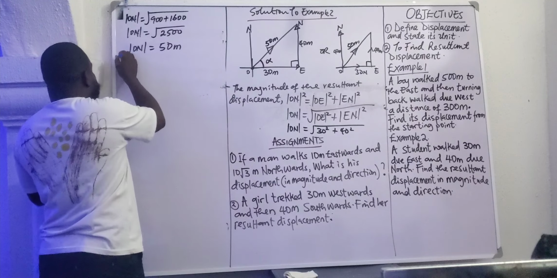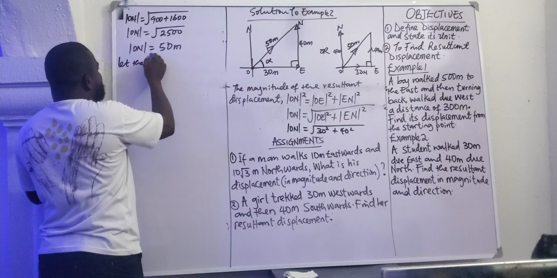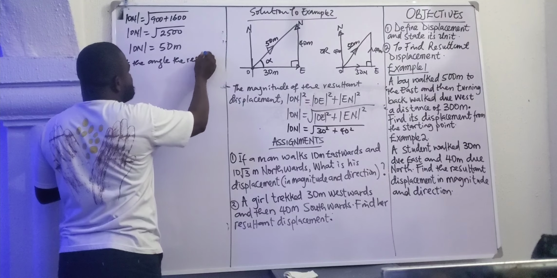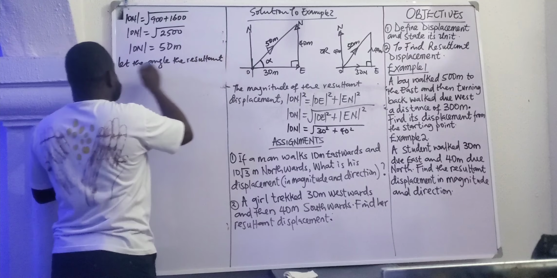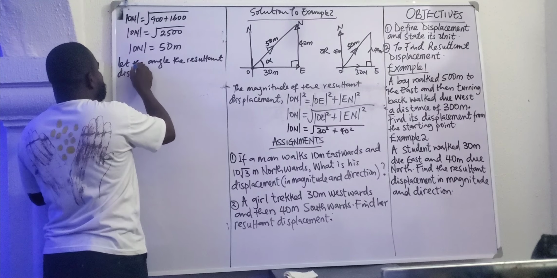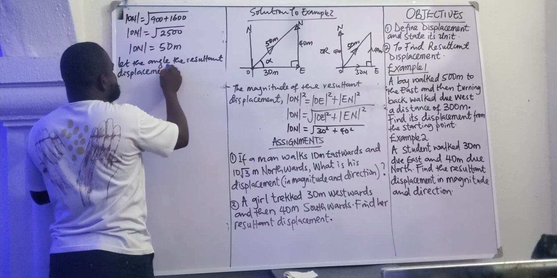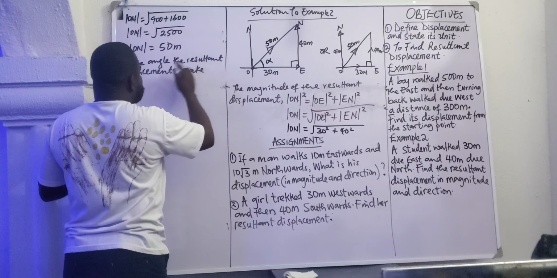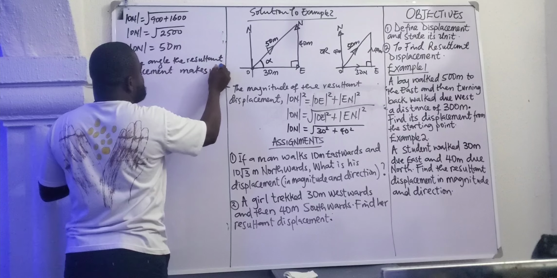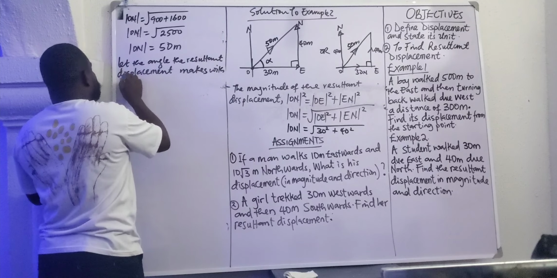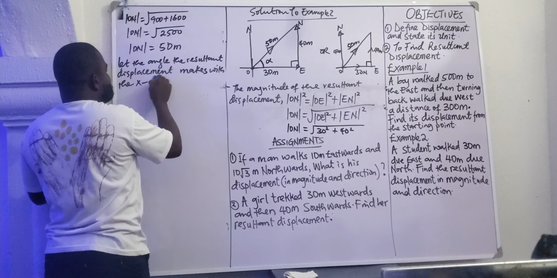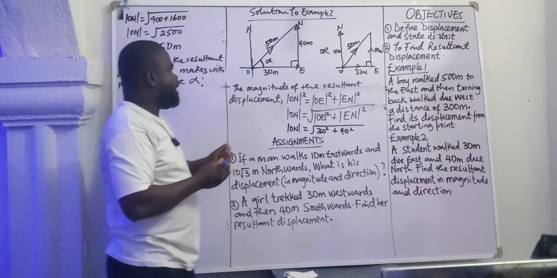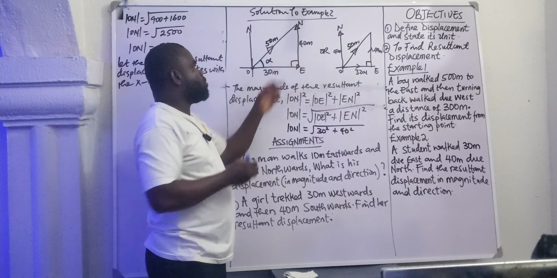So I say, let the angle the resultant displacement makes with the x-axis be alpha.